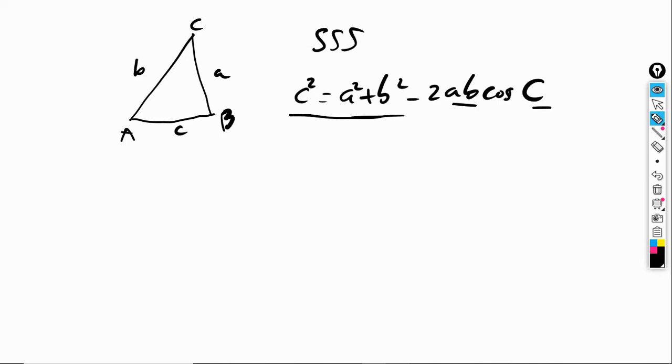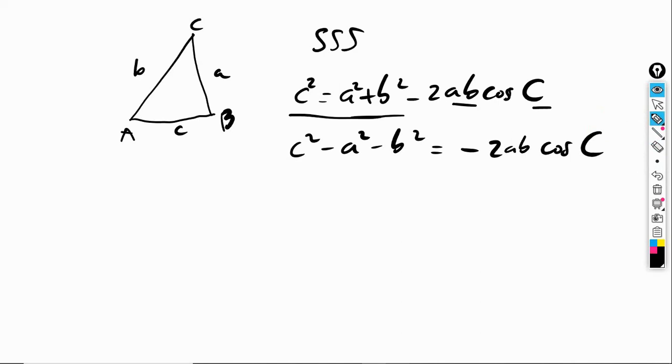So notice that this expression could be rewritten as C squared minus A squared minus B squared is equal to minus 2AB cosine of C. Okay, very well.